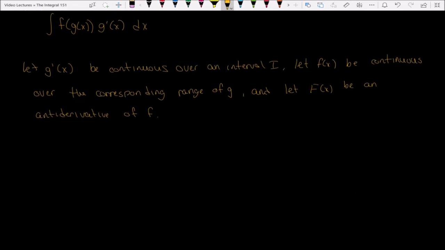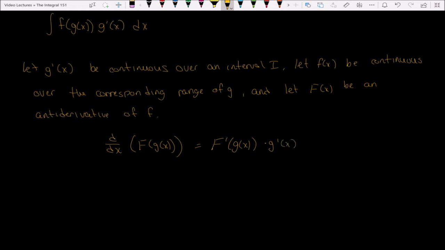Now, the derivative of big F of g of x, right? This is a chain rule. So it's big F prime of g of x times g prime of x.